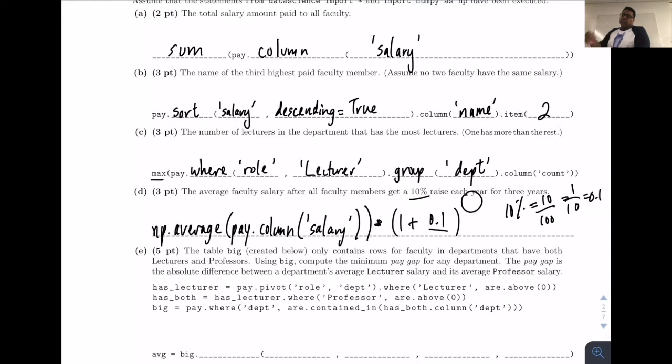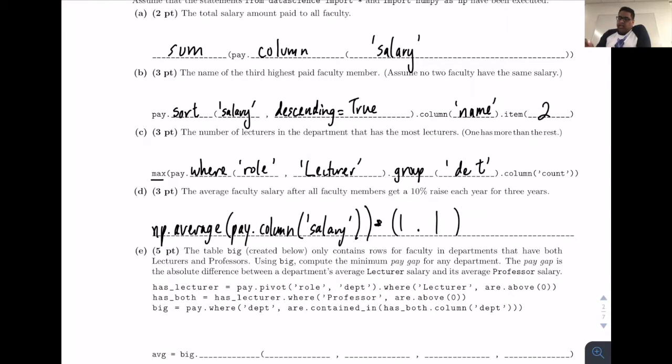So after the first year, they'll get a 10% increase, and then after the second year, another 10% increase, and then after the third year, another 10% increase. So we have three 10% increases, which simplifies to 1 plus 0.1 to the exponent 3. And now we need to write this in a way that Python can actually solve it. We could leave it as 1 plus 0.1, but it's a little easier if we have 1.1.